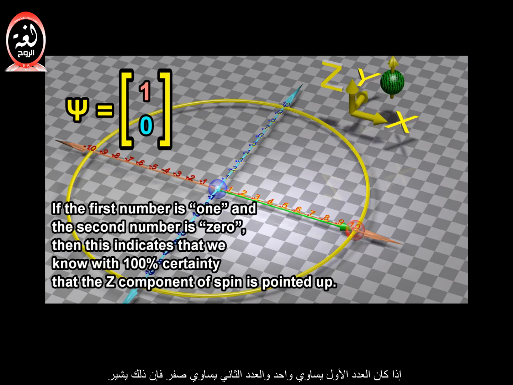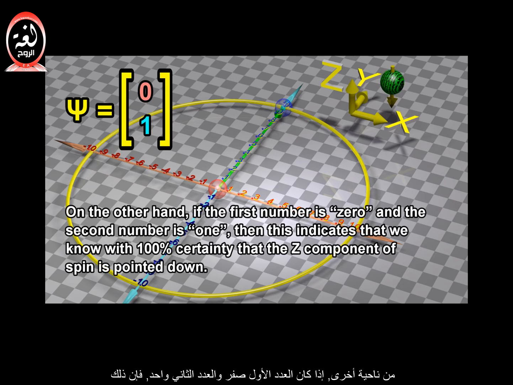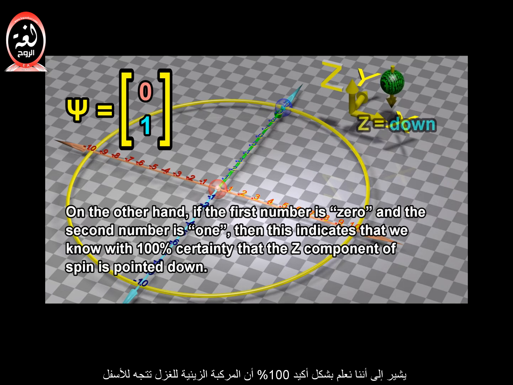If the first number is 1 and the second number is 0, then this indicates that we know with 100% certainty that the z component of spin is pointed up. On the other hand, if the first number is 0 and the second number is 1, then this indicates that we know with 100% certainty that the z component of spin is pointed down.